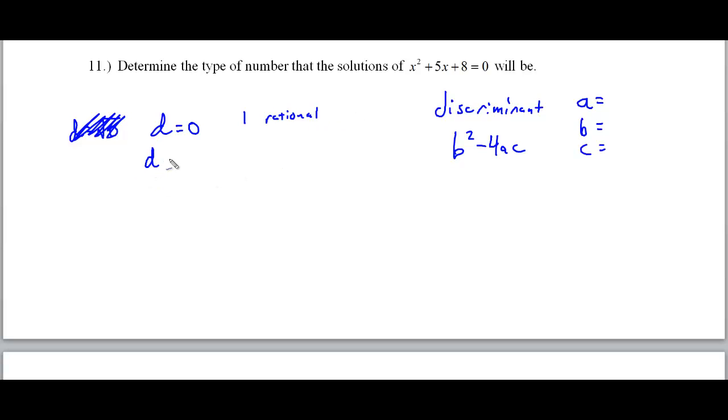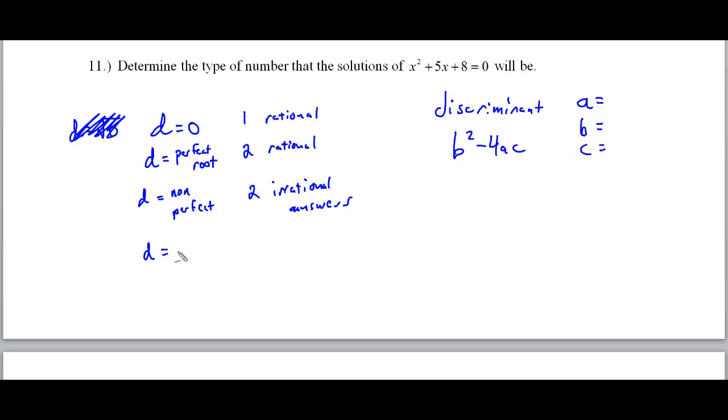Now, if the discriminant happens to be a perfect root, then I have two rational answers. Now, if the discriminant doesn't happen to be a perfect root, so it's non-perfect, then I'm going to have two irrational answers. And if my discriminant is negative, so this would be less than 0, then I have two imaginary answers.